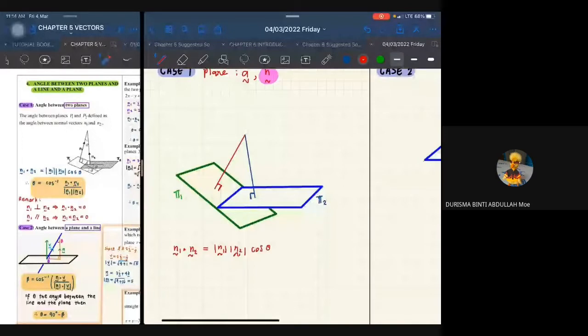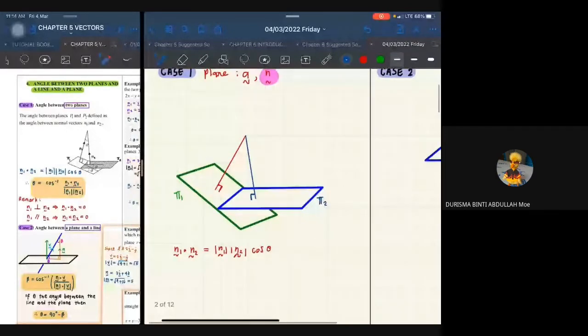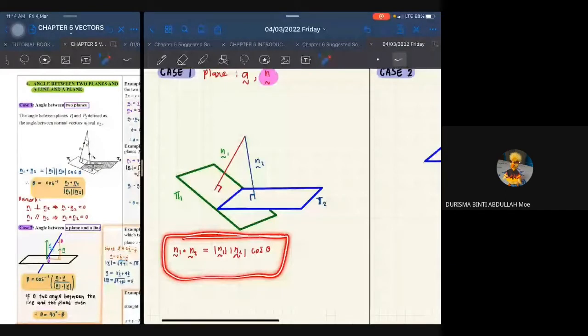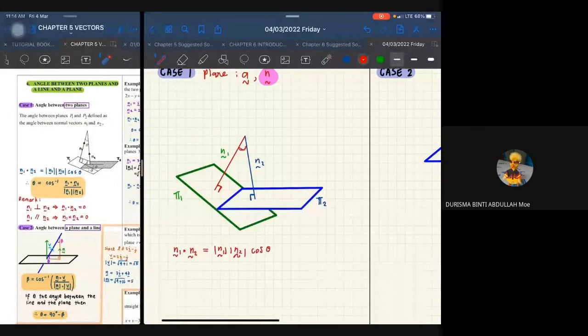Awak ada normal 2 dekat sini and then awak ada normal satu dekat sini. So dot product ni boleh menghasilkan awak this theta. You can find the theta, which is dekat sini, intersection between the two normals. This is what we call as theta.